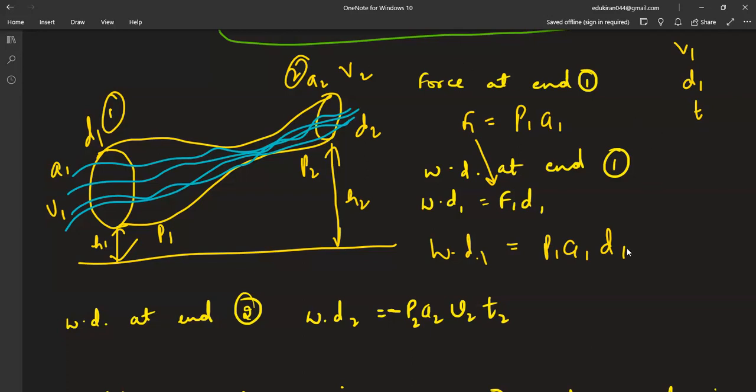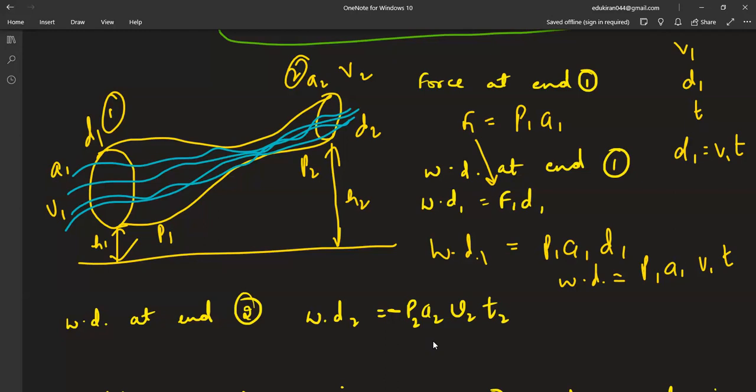By the equation of velocity. V1 is equal to D1 by T. So D1 is equal to V1 into T. So the final work done will be P1, A1, V1 into T. Similarly, when we write the work done at end 2, it will be P2, A2, V2 into T.